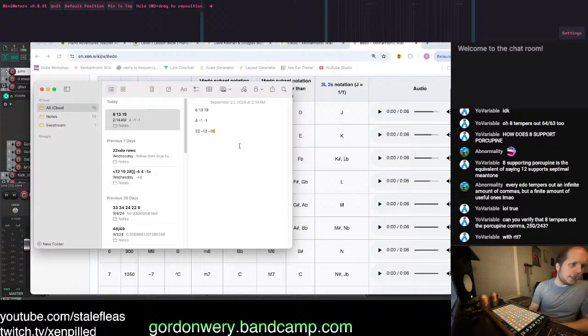Can you verify that 8 tempers out the porcupine comma? But for that, you need two mappings, so that makes a little more sense. 250. So that's 5 times 5 times 5 times 2, so 5 to the 3 times 2.